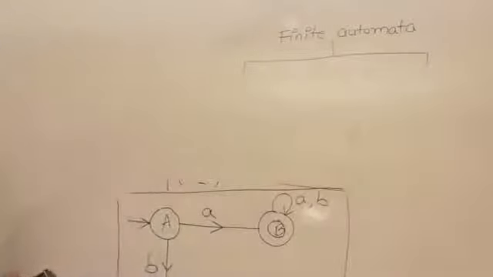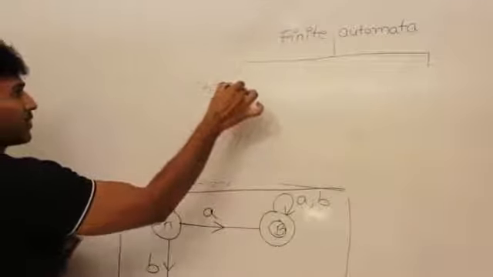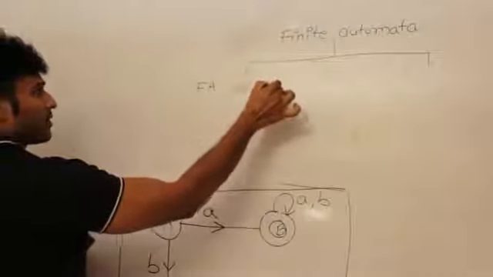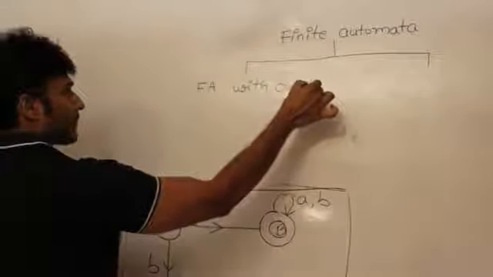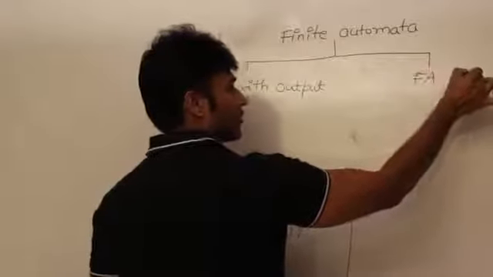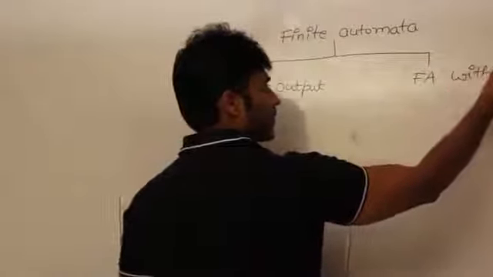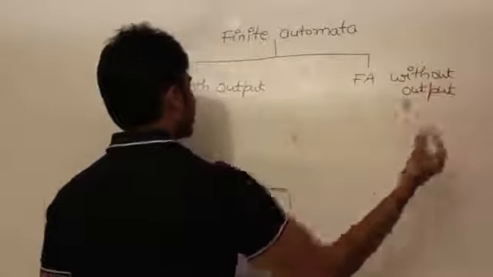So finite automata are basically of two types. One is finite automata with output, and the other is finite automata without output.